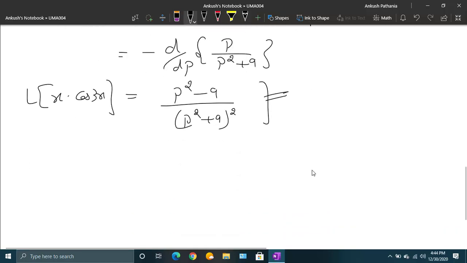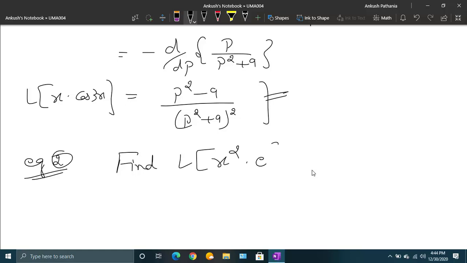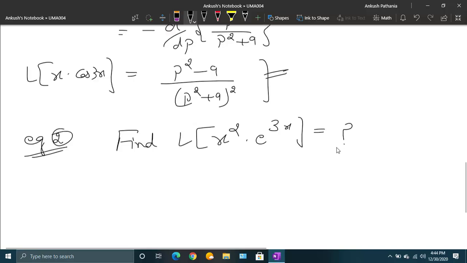Now I am coming to example 2. Find the Laplace of x square times e^(3x).